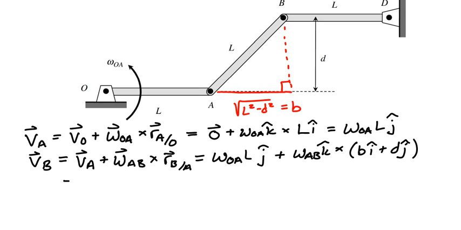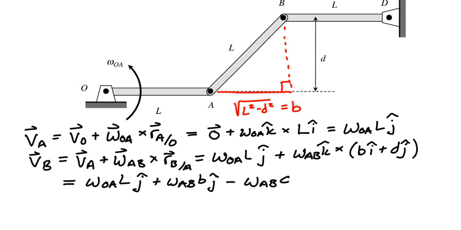Expanding, I have omega OA times L in the j. K cross i gives j, so plus omega AB times little b in the j. K cross j gives minus i, so minus omega AB times D in the i direction.